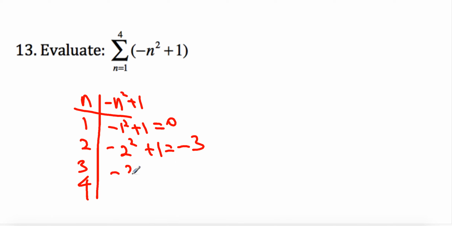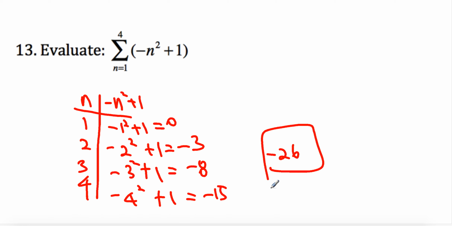Thirdly, negative 3 squared plus 1 becomes negative 8. Lastly, when I plug in 4, negative 4 squared plus 1, then that becomes negative 15. Then when you add them up, we get negative 26. That becomes our final answer.